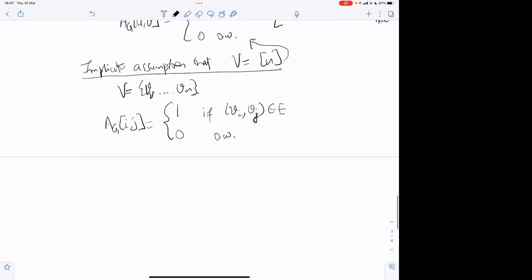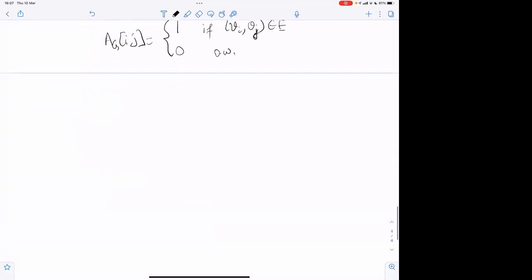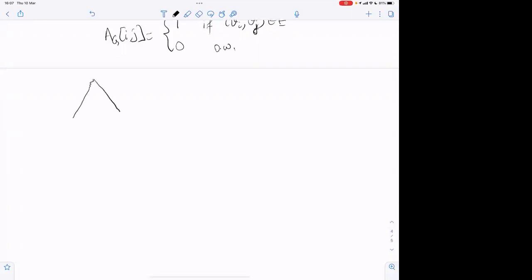So what is an example of such a matrix? Let's take a small graph, for example, with vertices 1, 2, 3, 4. And now we make a 4 cross 4 matrix.